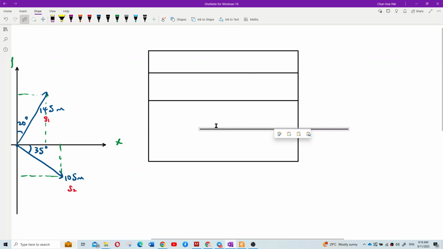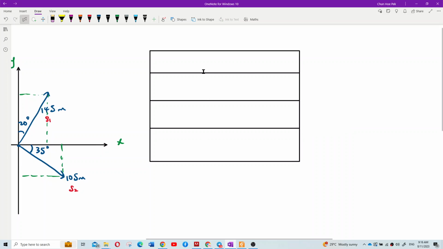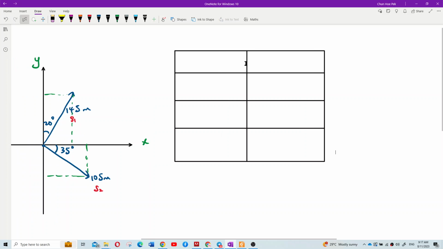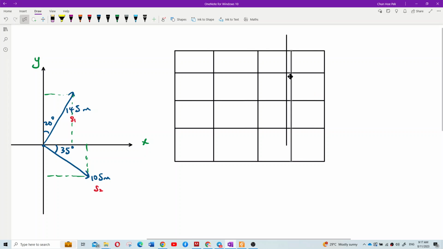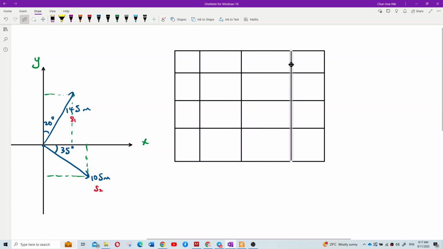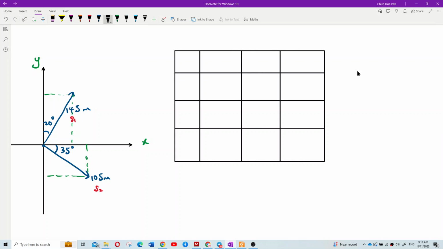Okay, there we go. So here you have S1, S2, S total.